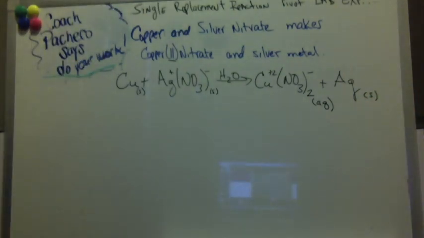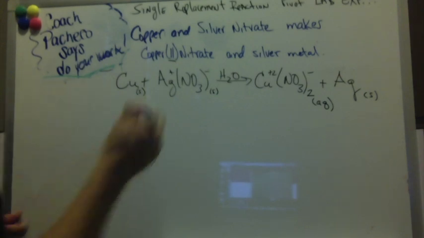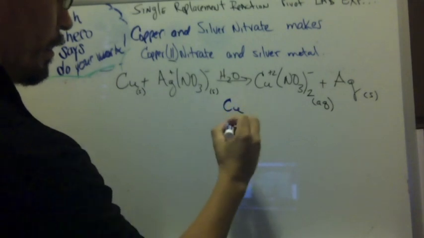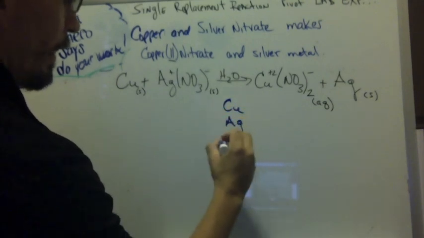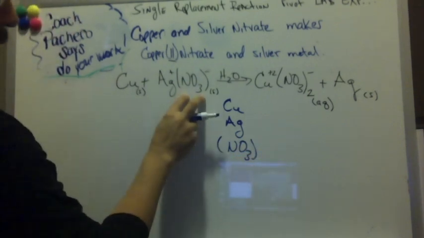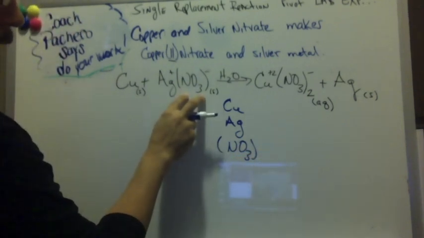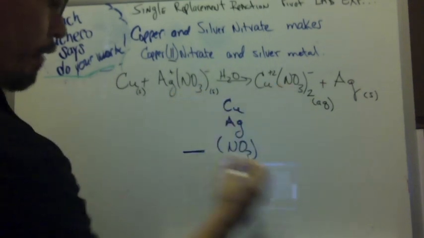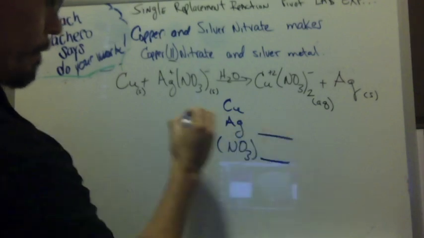Now our next goal is to balance out the entire equation. So we have copper, silver, and then I'm going to keep nitrate the same because this polyatomic ion is within parentheses, so we want to keep it as 1. And I'm going to count how many is on each side.